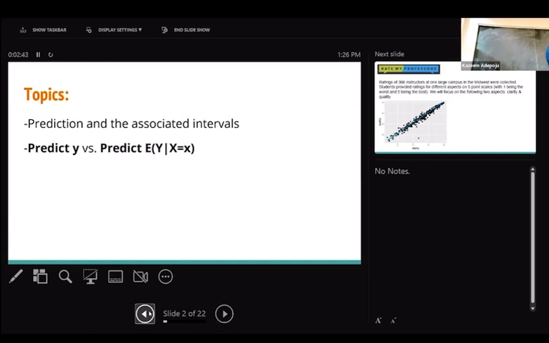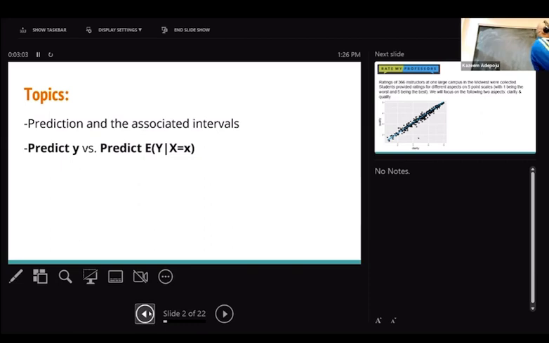When you predict an individual, we also predict the average. That is what we call the expected value of Y given X. So predicting an individual, also predicting the average. And we're also going to have interval estimation for our prediction.